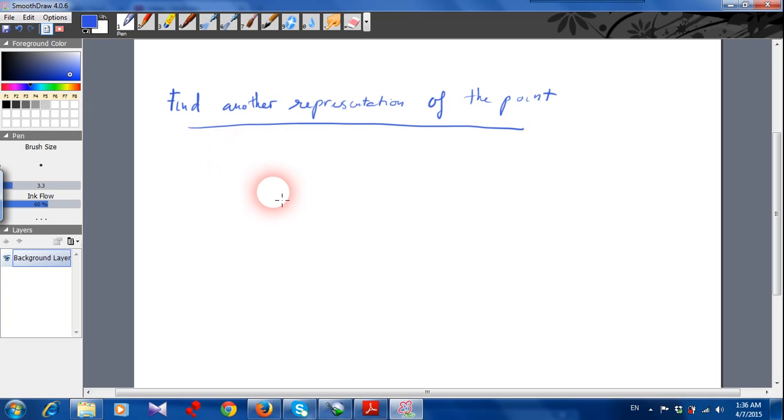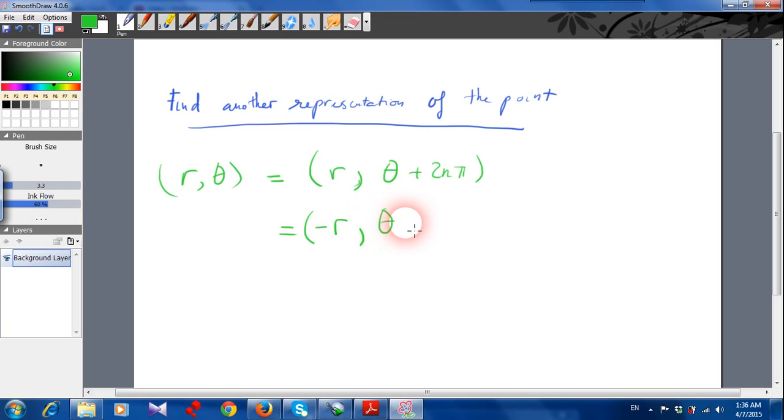So it means you have to know this formula for (r, theta). We have another point with the same position: (r, theta + 2 pi n), or (-r, theta + pi), and we add pi, plus 2 pi n again.